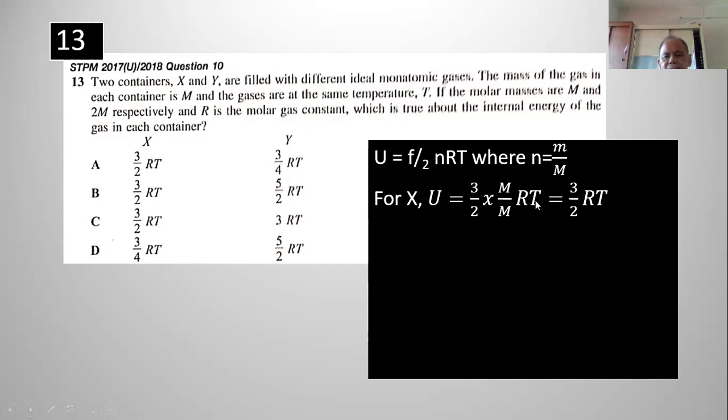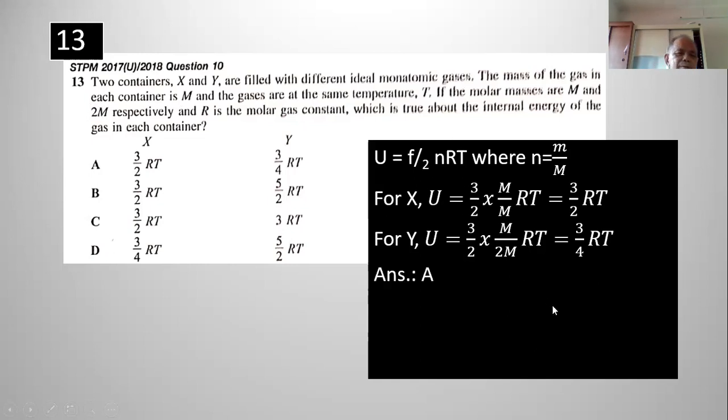Then your R, T, simplify it, get 3/2 RT. And for Y, the same thing, use the same formula, 3 degrees of freedom. You are told that your mass is the same, mass is m, but the molar mass is 2m. Then you get RT, simplify it. Answer is A.